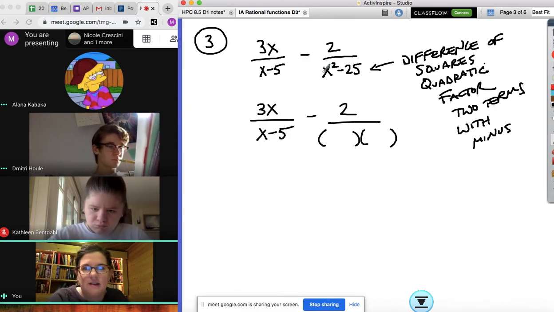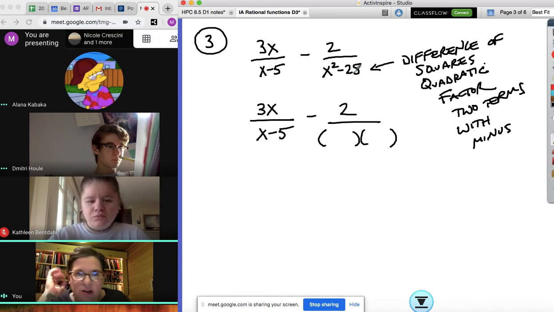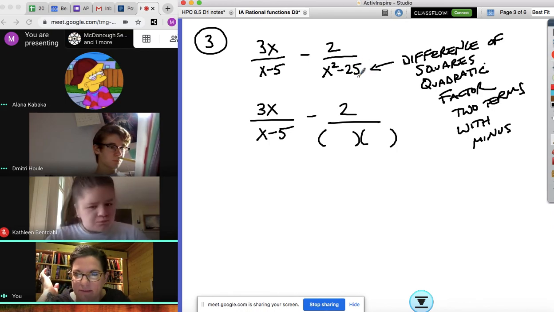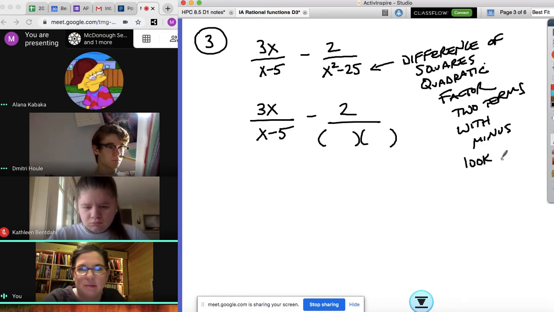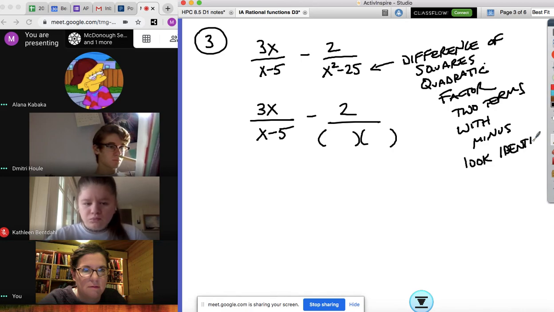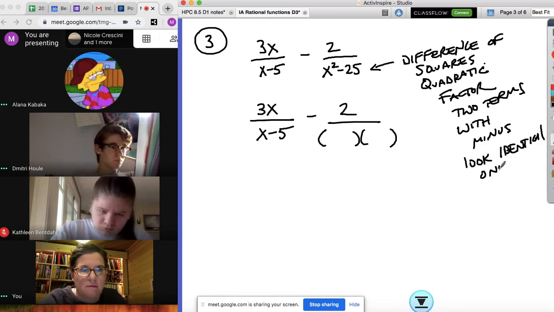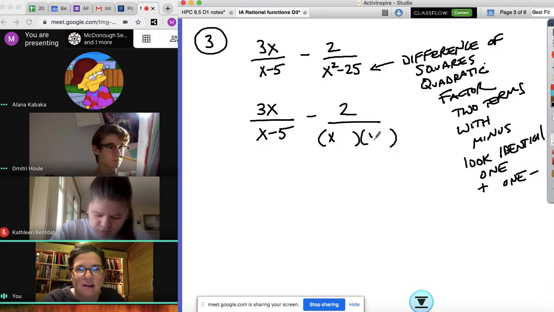And the numbers have to be perfect squares, meaning when you take the square root of them, you get a nice number. It's like when you take the square root of 25, you get 5. So what happens is when you factor it, they're going to look identical, except one will be a plus and one will be a minus. So here's what I'm trying to say.